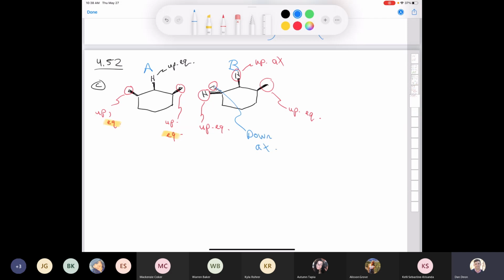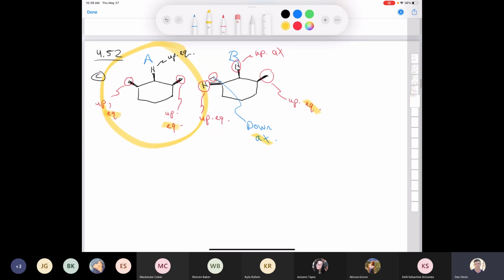So even if I was to flip this ring, I'm always going to have something that's axial, because one methyl group is axial, one methyl group is equatorial. Even if I change the conformation, I still end up with one methyl axial and one methyl equatorial. Whereas in A, I have both of my substituents that can occupy the equatorial position. And the equatorial positions are going to be favored because they don't experience 1,3 diaxial interactions.